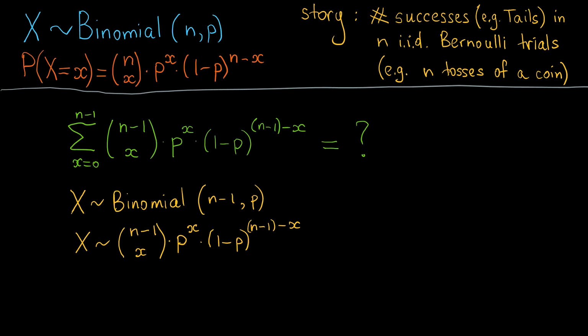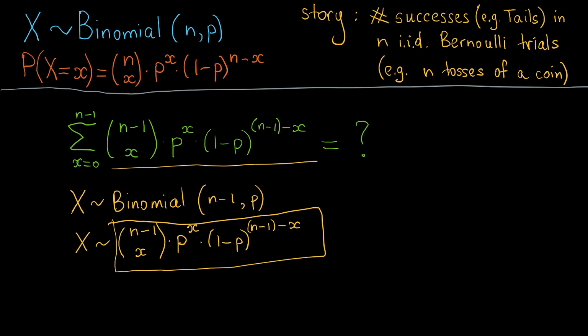Notice now how close this PMF in yellow is to the expression here that we're summing. And take a look, we are summing it over x going from 0 to n minus 1, and a binomial(n minus 1, p) random variable will take on values from 0 up to n minus 1, right?